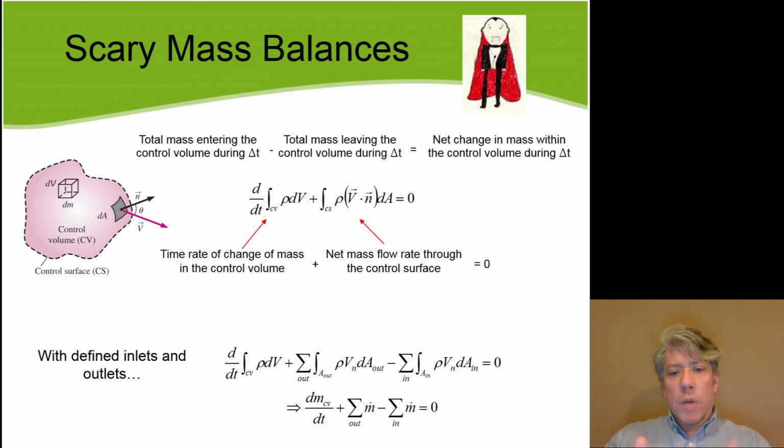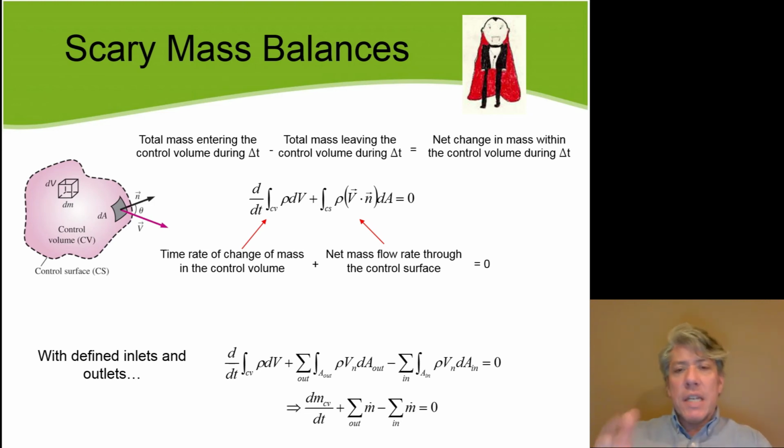The second term, which has the summation over all the outlets, could also be simplified if we assume, as we did before, that the velocity of flow is uniform across whatever outlets there are. Now we still have a summation because there could be multiple leaks in the control volume, right? There could be multiple places where flow is coming out, just like there could be multiple places in the control volume where flow is coming in.